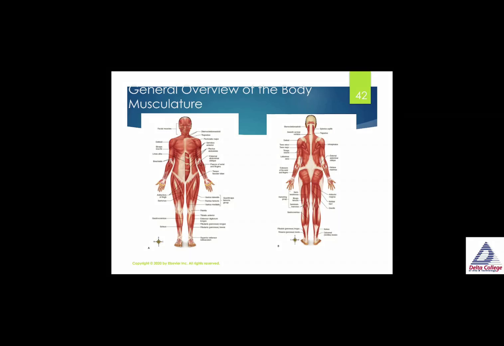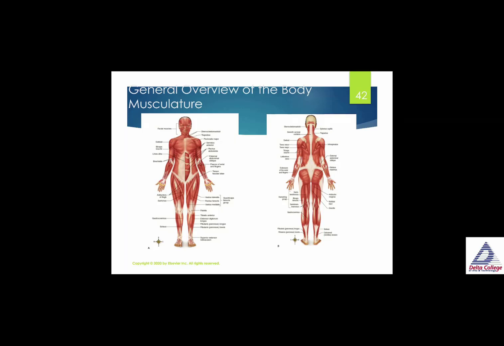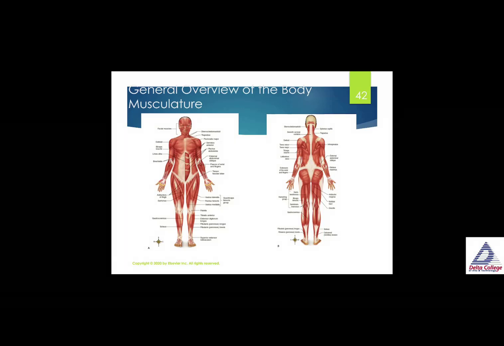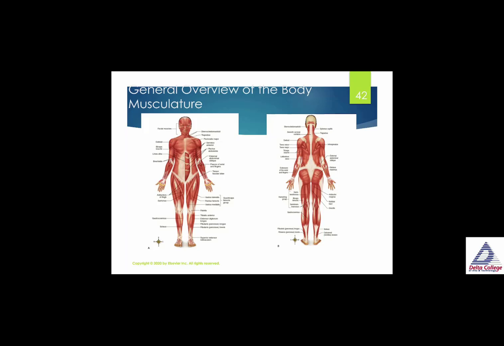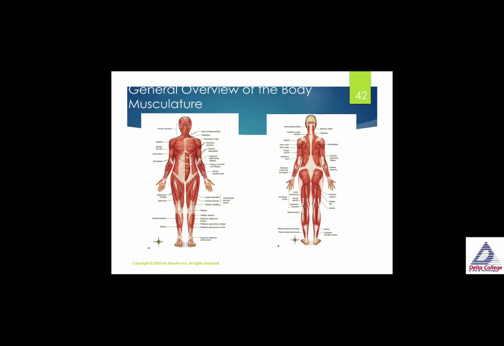You can see the latissimus dorsi, which is right there in the middle of the back. And you see the trapezius, sternocleidomastoid that goes around from the back of the head to the front of the clavicle. So it's a good image for you to know where these muscles are.